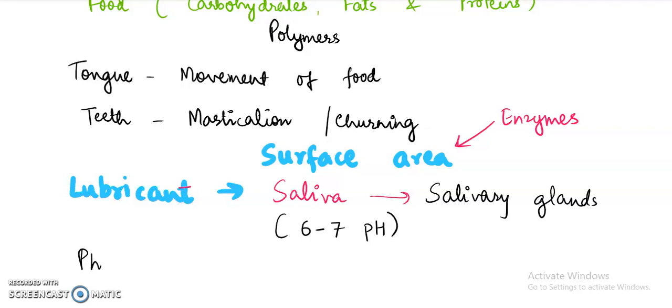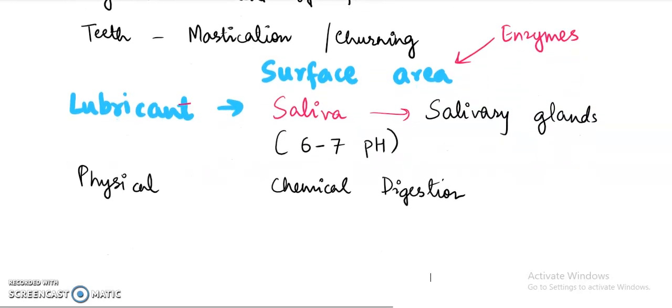Besides this physical digestion, the physical breaking of the food from bigger to smaller pieces is being done by saliva and by our teeth. It also helps in the chemical digestion. Now, as I said a few minutes ago, we basically eat food in the form of carbohydrates, fats, and proteins.